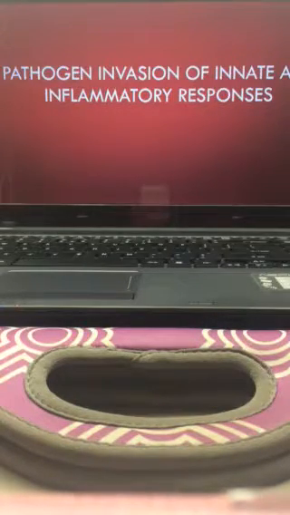So the inflammatory process recruits leukocytes, which are basically just white blood cells. It's another term for white blood cells, called leukocytes. They recruit these leukocytes to the site of infection.